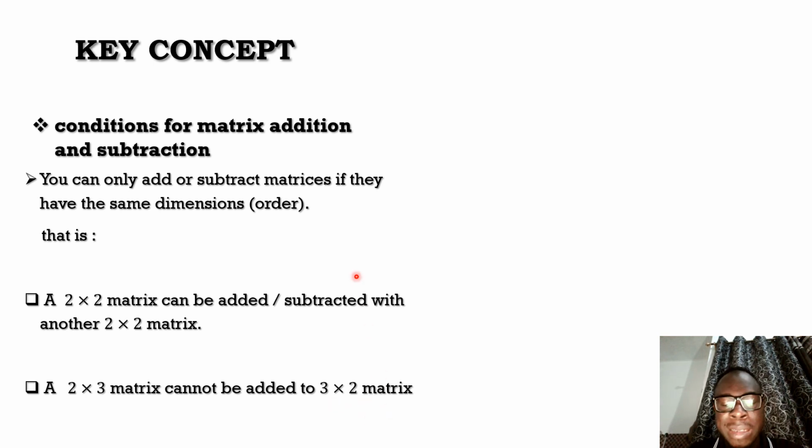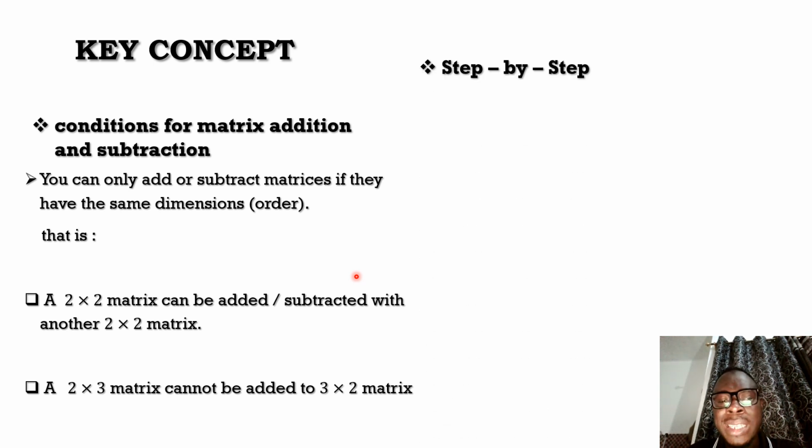So when you look at them carefully, it means that if the order or the dimensions of the matrices are not the same, then we cannot perform the operation of addition and subtraction on both matrices. Good.